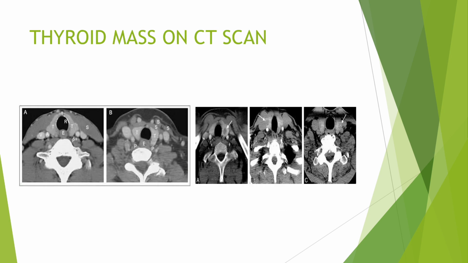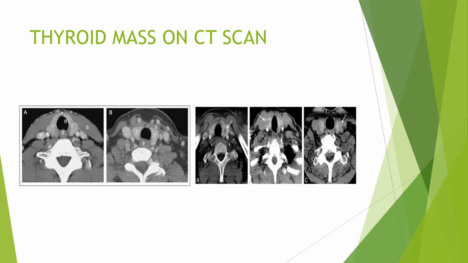So here is your thyroid gland on CT scan. The images on the left will show you a normal thyroid gland with homogeneous attenuation. We use the term attenuation, or density, for CT scan, while on ultrasound we use echogenicity.